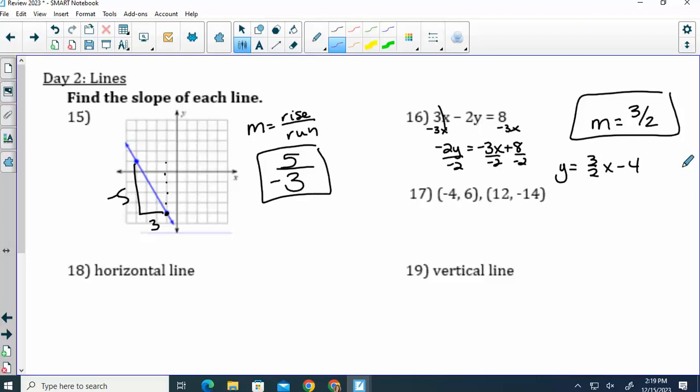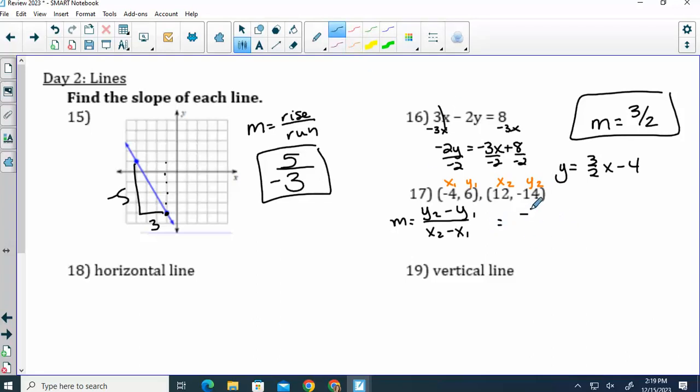Okay, if I give you ordered pairs, how do we find slope? Y2. So keep in mind this pair, this is like x1 and y1, x2 and y2.